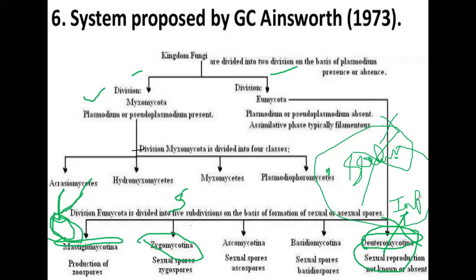And do you know which group of fungi is called dustbin fungi? This has been asked so many times. Which group of fungi is called dustbin fungi? You know the dustbin. Deuteromycotina fungi are called dustbin fungi. Deuteromycetes fungi are called imperfect fungi and dustbin fungi.